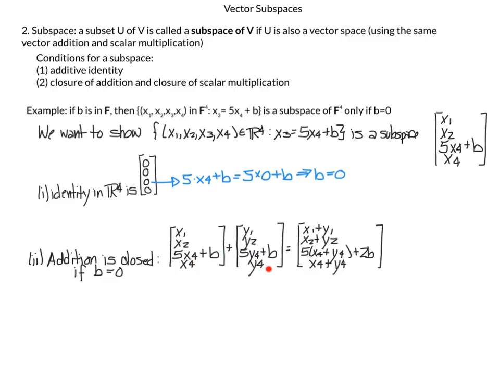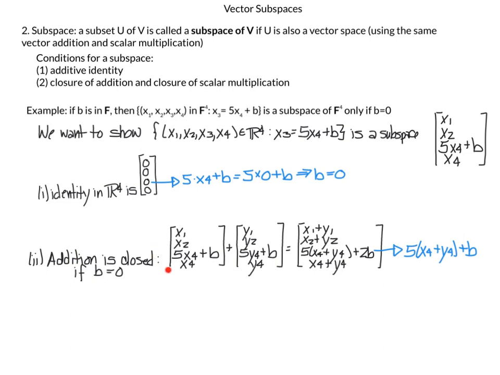I add these two vectors component by component, or coordinate by coordinate: x1 plus y1, x2 plus y2, 5x4 plus b plus 5y4 plus b. I can factor out my 5 and I get my x4 plus y4, and then I have my 2b. And then I have my x4 plus y4.